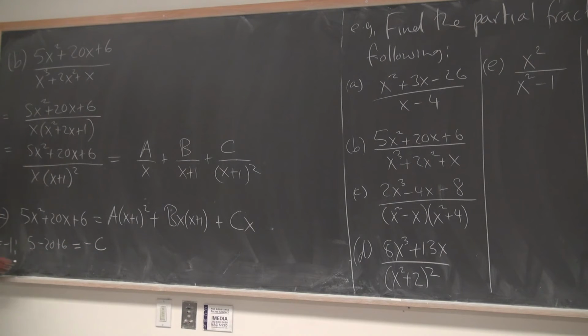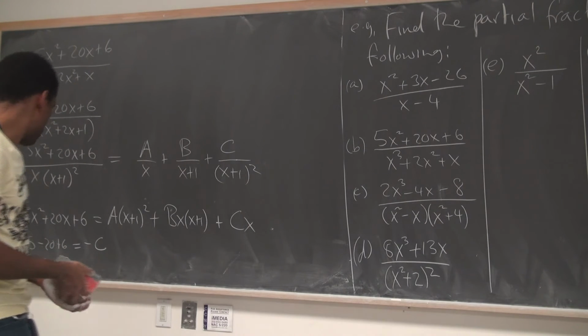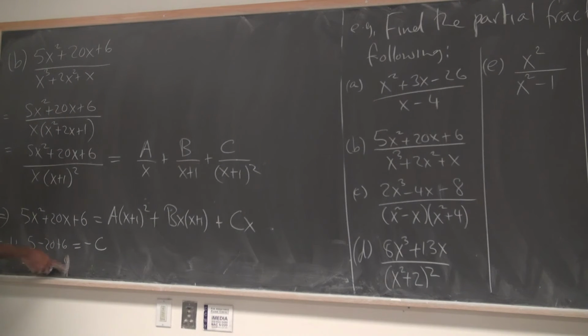So C is equal to what? Negative 15 plus 6 equals negative 9.